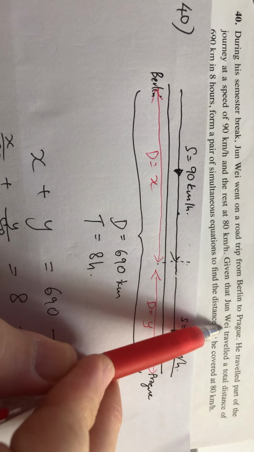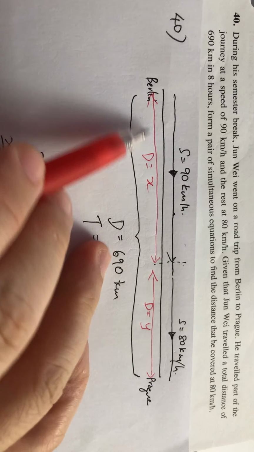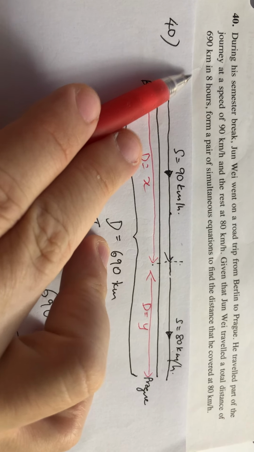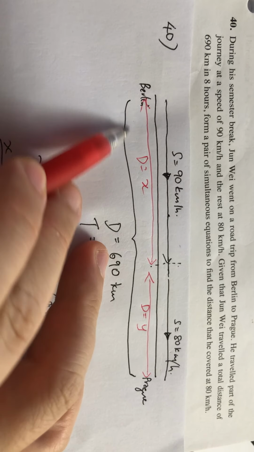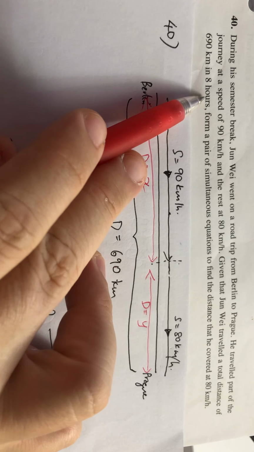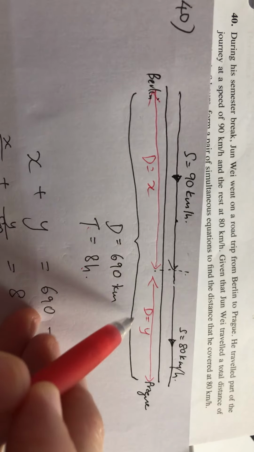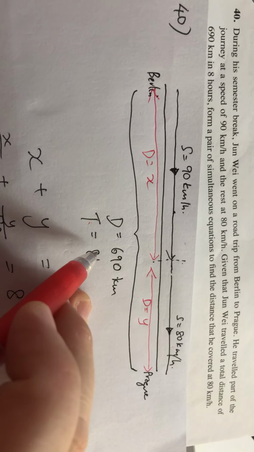Given that Jun Jie traveled a total distance of 690 kilometers in 8 hours. So the total distance covered was 690, and the total time taken was 8 hours.